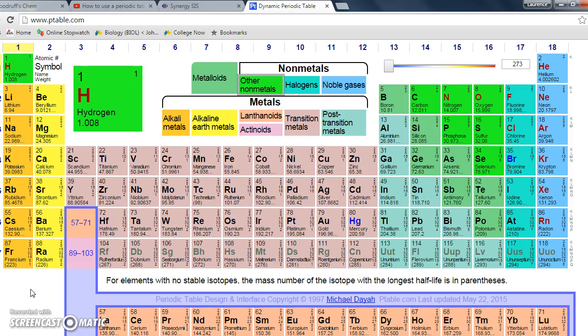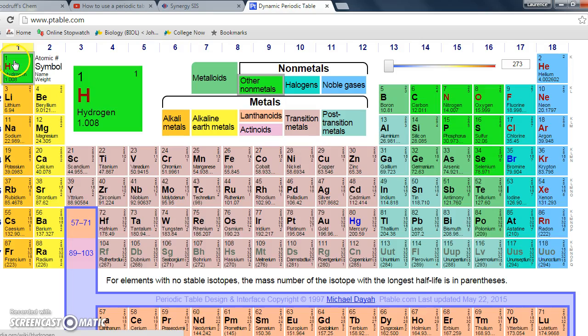The periodic table is divided into rows and columns, and both of those can give us different pieces of information about electrons. The rows, which go across, so this row, lithium's at the beginning of a row, sodium, potassium, rubidium's row, cesium, francium. Each of those rows is called a period, and each period represents a different electron shell.